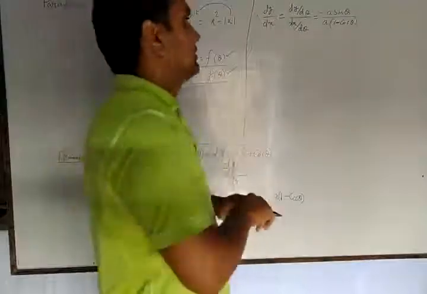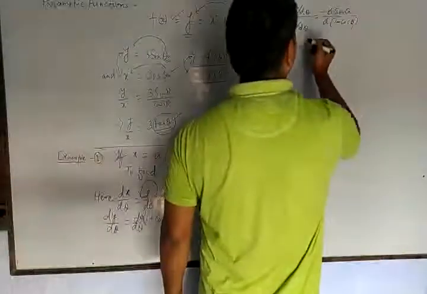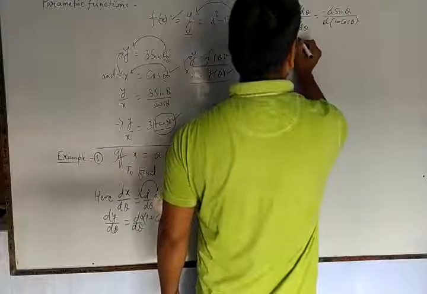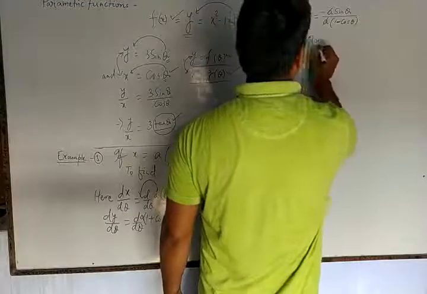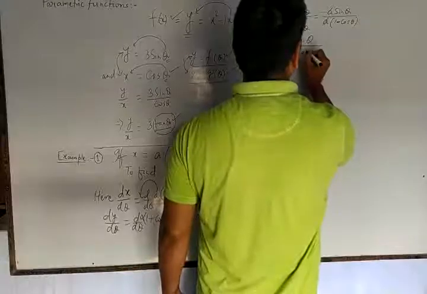The a cancelled. So that will give you minus sin theta by 1 minus cos theta.